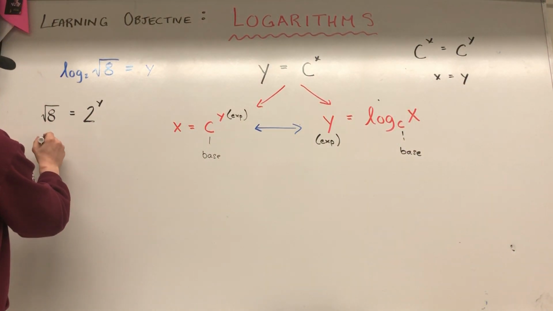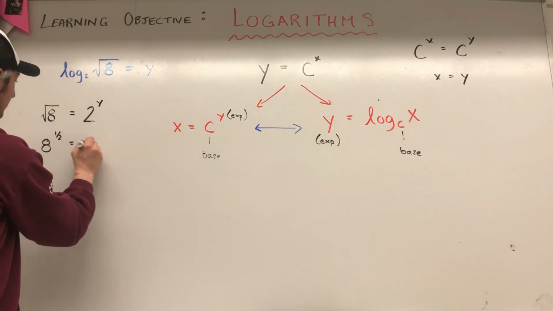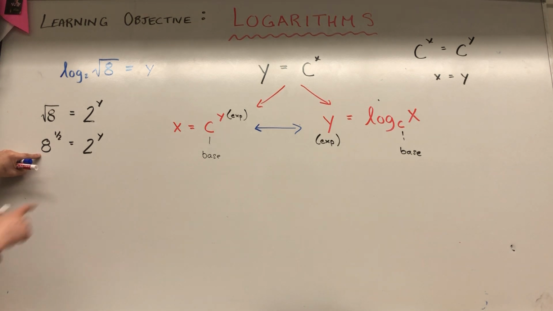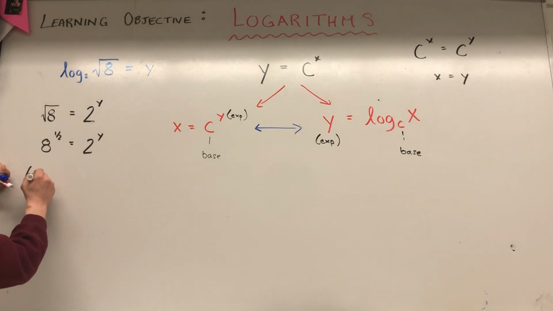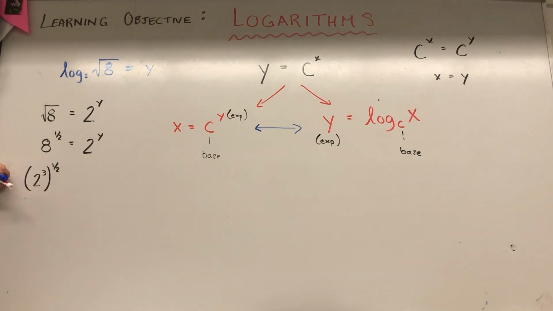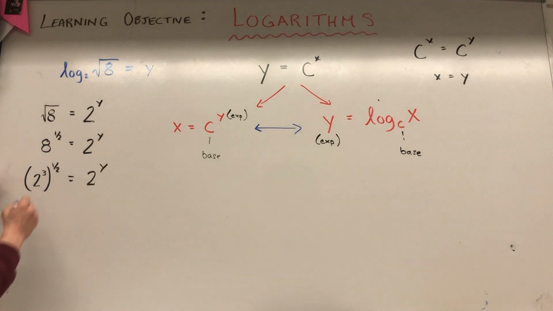I know that square root of 8 is the same as 8 to the power of 1/2. Okay? But I also know that 8 I can rewrite as a base 2. I'm going to do that. So 8 is the same as 2 cubed, to the power of 1/2. And then I'm going to multiply the exponents using my exponential law.